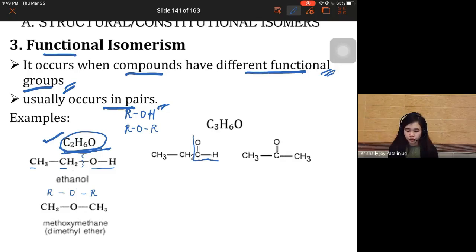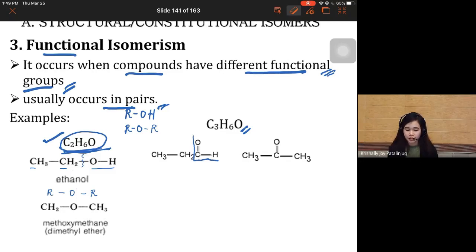And that general formula C3H6O can also produce another functional group in a form of, what is this? Carbonyl group with alkyl groups directly attached to the carbonyl carbon. Type in your answer. What is that functional group? Very good. That is ketone. So aldehyde is different from ketone.